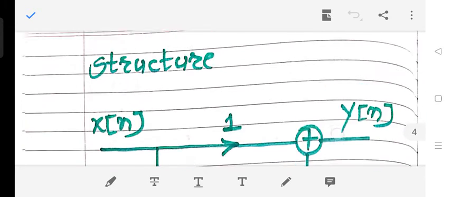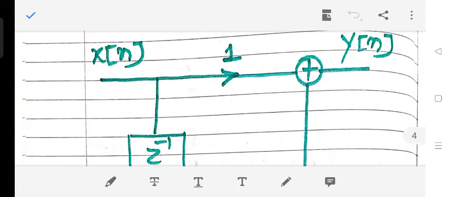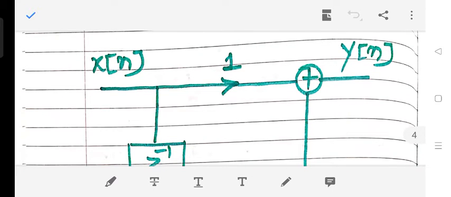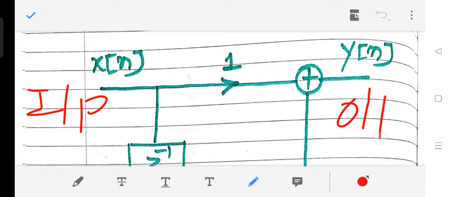Now we will draw a structure of this. So how to draw the structure? See here, one is going from the input side to the output side. You know x of n is the input, y of n is the output.